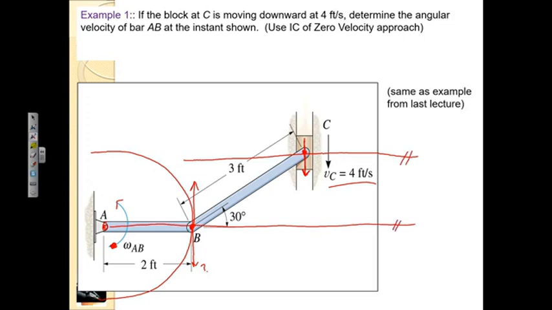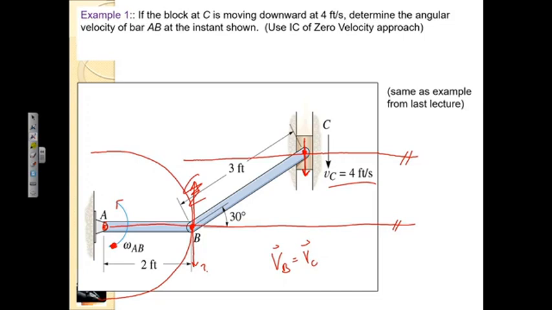What I've got are parallel velocities going in different directions that do not share a coincident perpendicular line. So, right away, my velocity of B is equal to my velocity of C. And I can say that it's going down because C is going down.